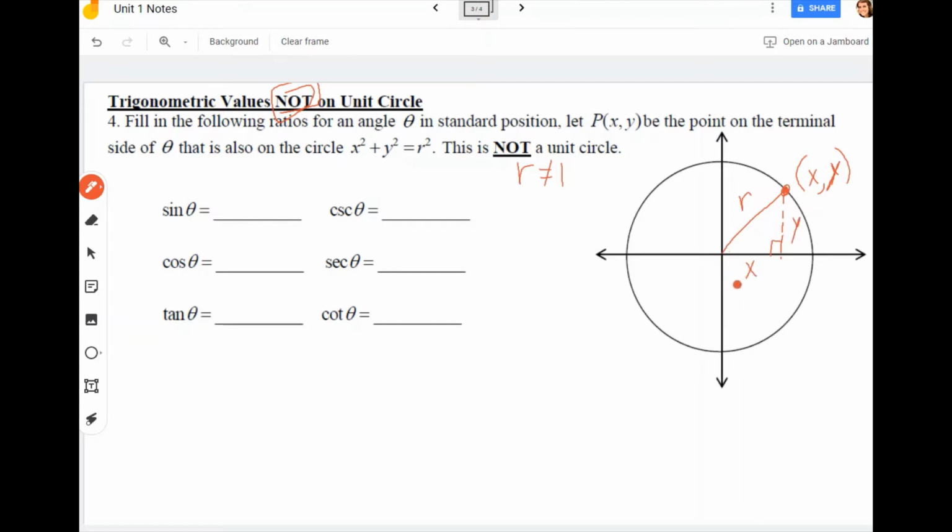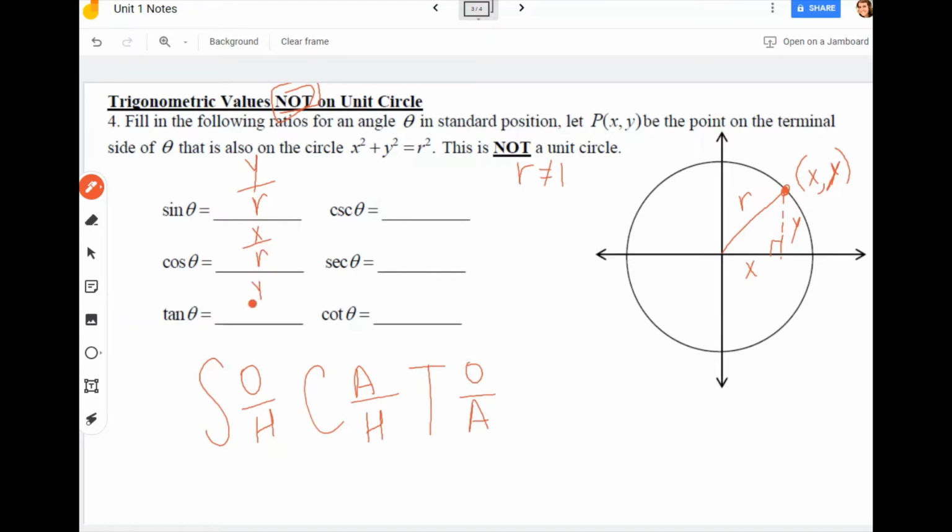And then we still have our x value and our y value on the sides. So now our ratios are going to look just a little bit different because, again, thinking about SOHCAHTOA, in our previous examples, our hypotenuse has always been 1, so there's been no denominator. Now if we look at sine, the opposite is y over our hypotenuse r. So y over r would be our trig ratio here. Cosine is going to be x over r.